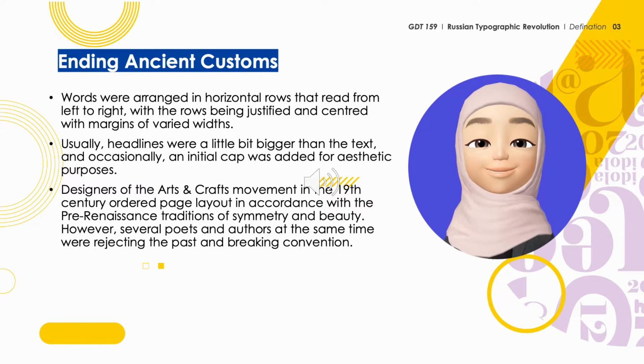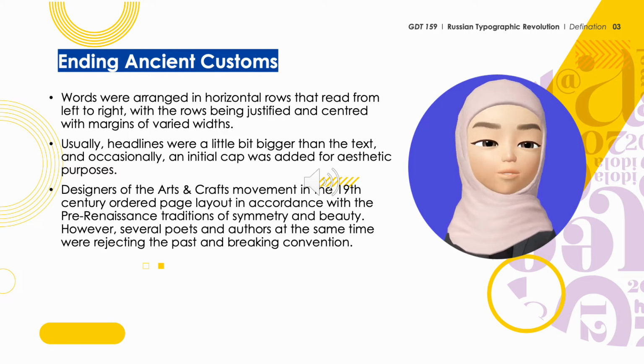However, several poets and authors at the same time were rejecting the past and breaking convention. They looked for alternative placement and hierarchies to represent the meaning of their words, in order to express meaning in a free verse that was not constrained by the typical rhyme, theme, and pattern.